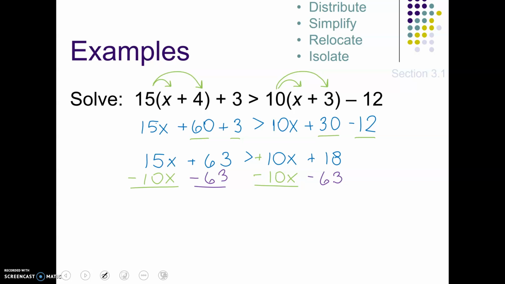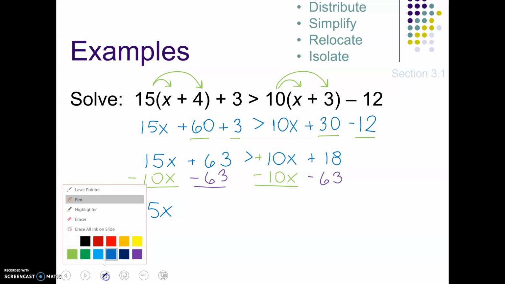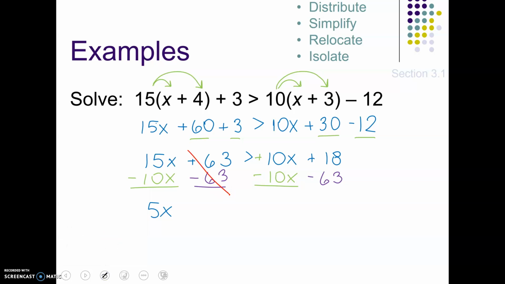And so now 15x minus 10x, that's going to give me 5x. The 63s cancel out, as do the 10x's. And now we have our greater than symbol, and then 18 minus 63 should give me a negative 45.